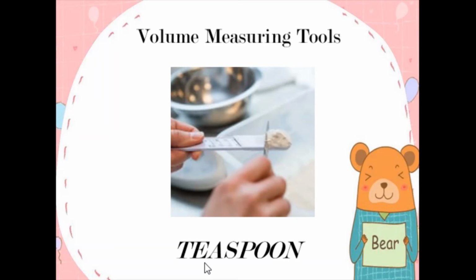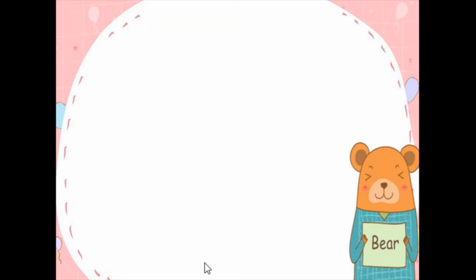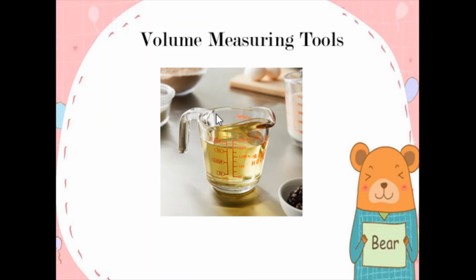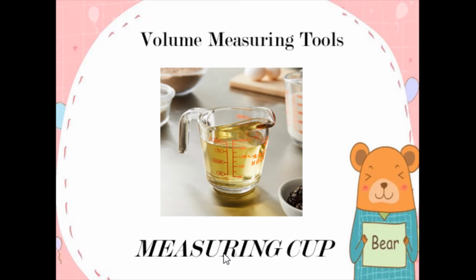How about if we try to measure liquid goods? We also have tools for that. First, we have this one. We also have a measuring cup for liquid goods. A measuring cup is for small amounts, or for something that we use to prepare our food or the food itself.